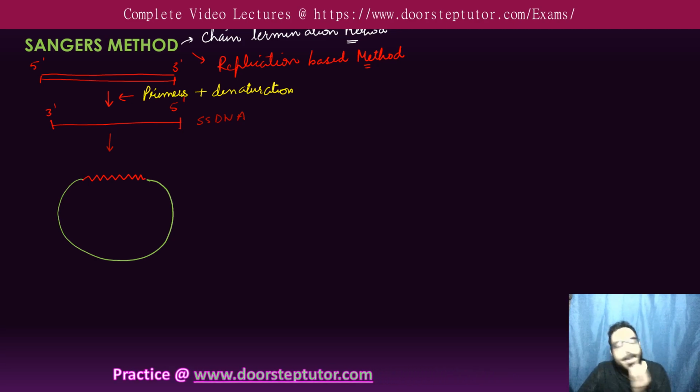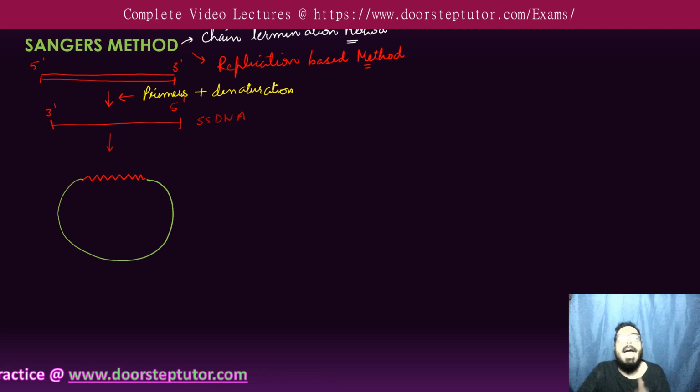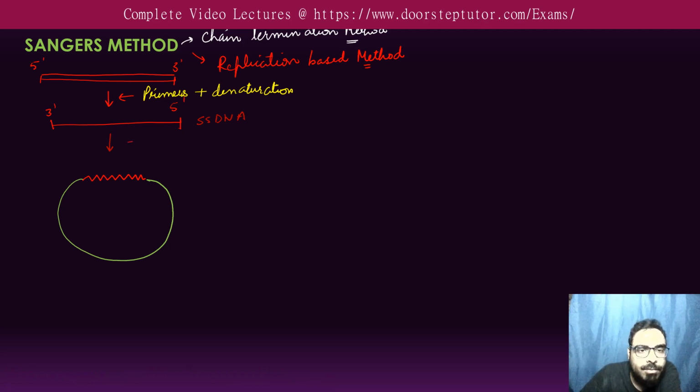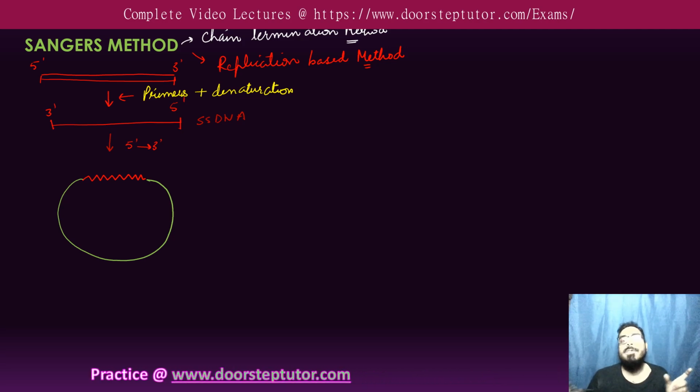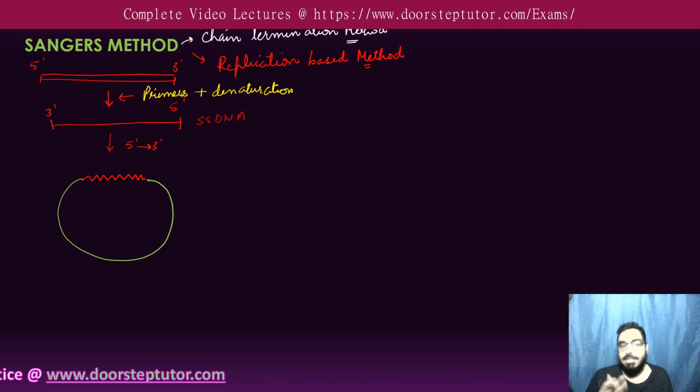In M13 vectors, you only add one type of primer, that is the forward primer, 5 prime to 3 prime. Now, if the DNA of interest is large and you want the sequencing to be very fast, you can add primers from both sides, but you still have a single stranded DNA right now, so it's no use.